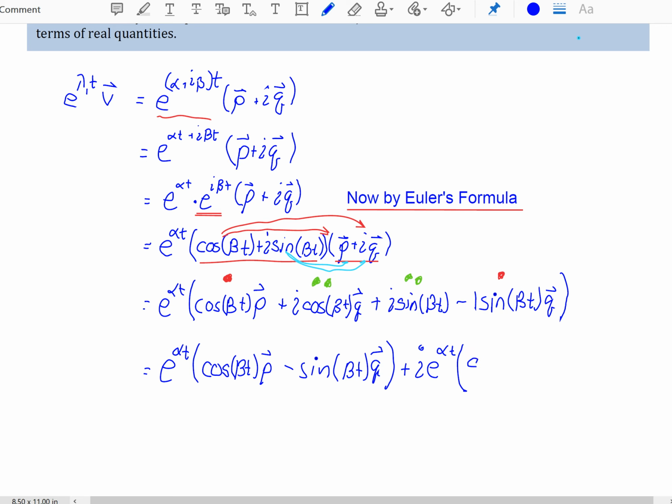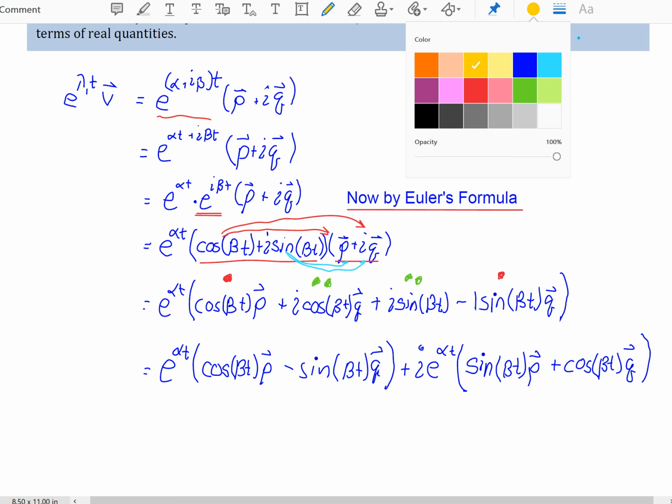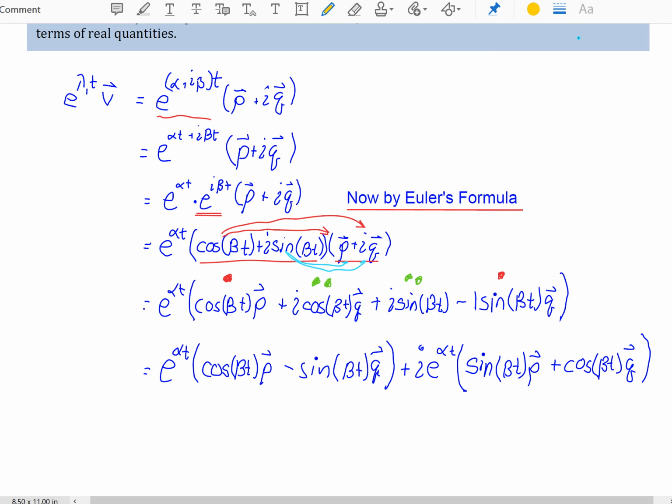So I'm going to write the sine beta t first times your p vector plus the cosine beta t times your q vector. So what I wanted to illustrate there was, notice how we wrote this in the form where it was p, then q, p, then q. And this is just our author's choice for how they decided to organize this.